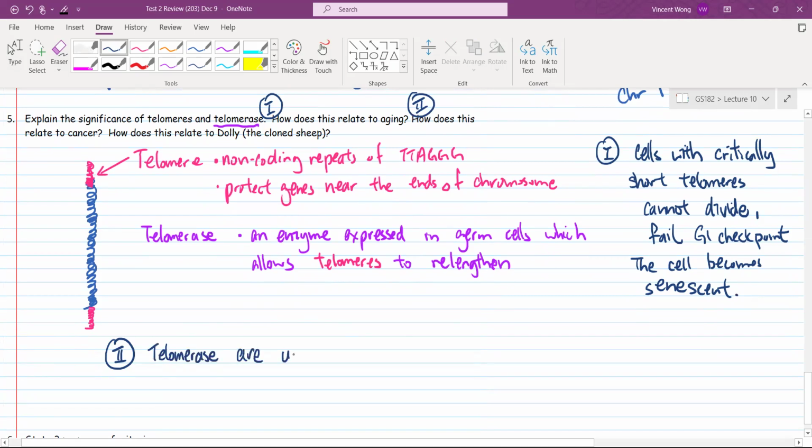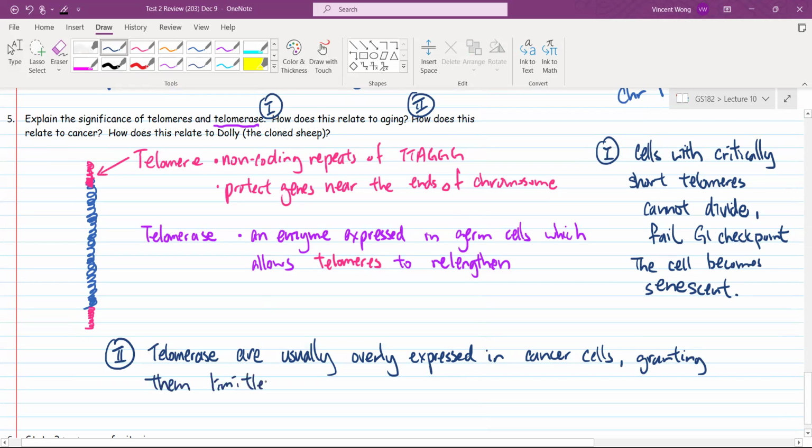Telomerase is usually overly expressed in cancer cells, granting them limitless replicative potential. It means they can keep on dividing and dividing and dividing and not stop, which is how a tumor forms, right?